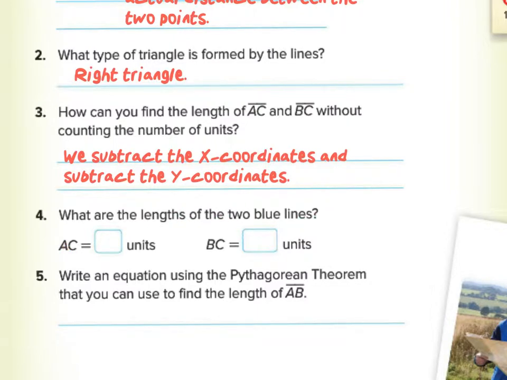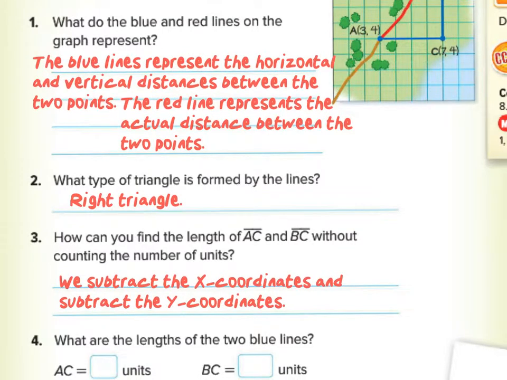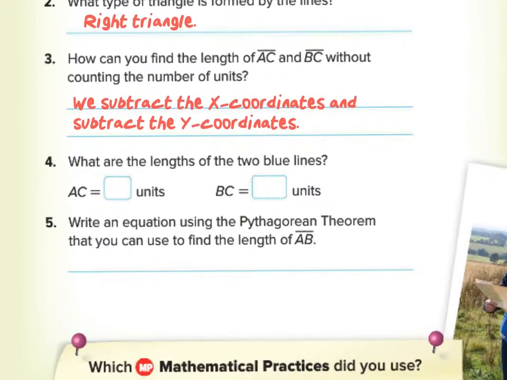So line AC, which we know is right here, is the horizontal line, and line BC is the vertical line. What are their differences? Well, when we did the quick math together, we found that here we have 4 units, right? And then over here, for BC, we have 5.5 units. We did that already together.